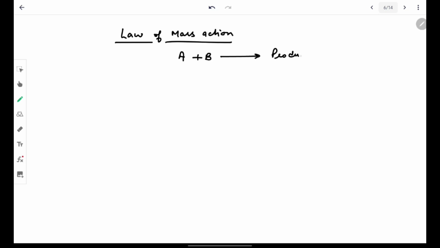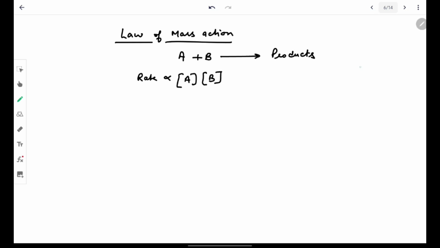Now, moving on to the next topic, which is the law of mass action. This is related to the rate of a chemical reaction. Consider a general chemical reaction, A and B forming products. According to this law, the rate of this chemical reaction is directly proportional to how much of A is being used and how much of B is being used.